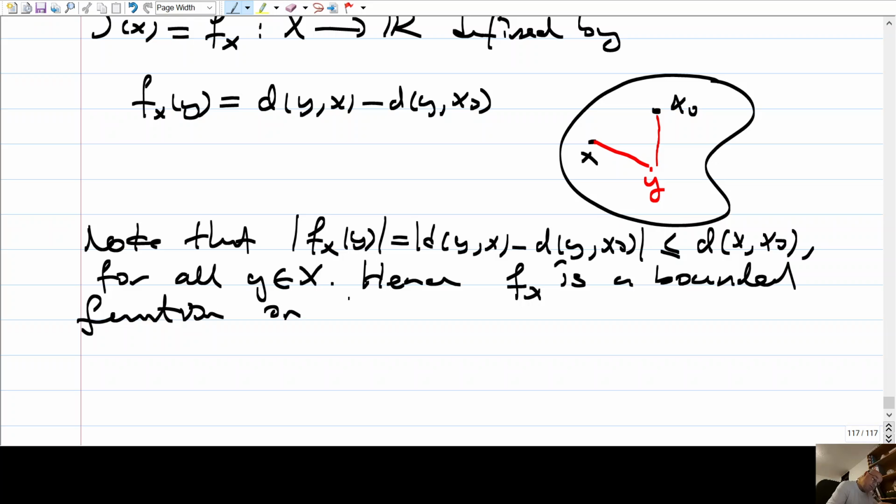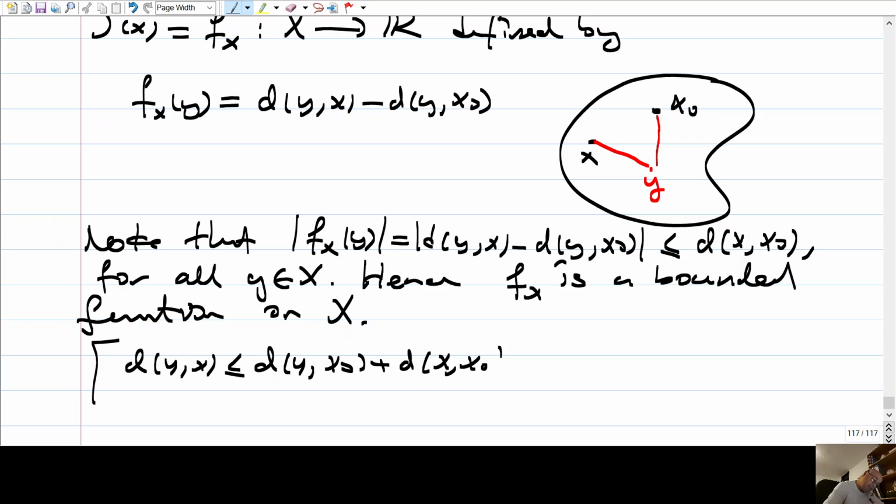If you don't see this, this is something really easy. Let me write it here. You see, d(y,x) is less than d(y,x0) plus d(x,x0).